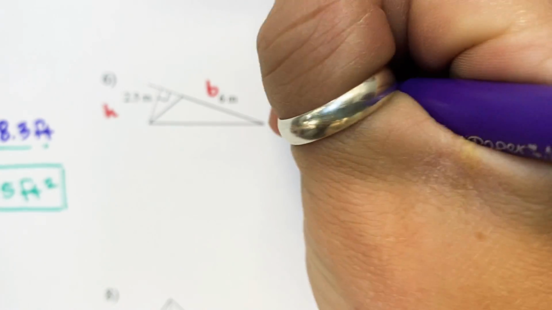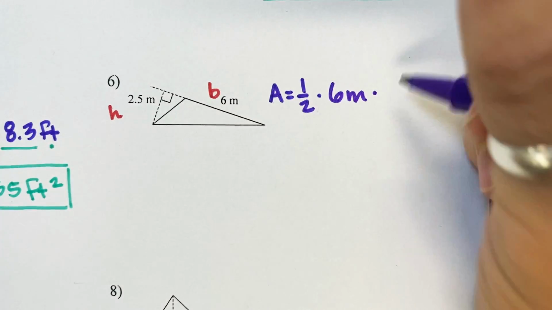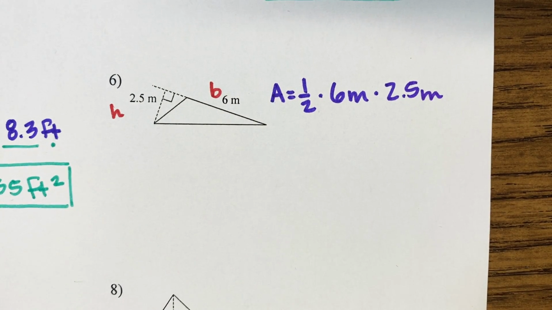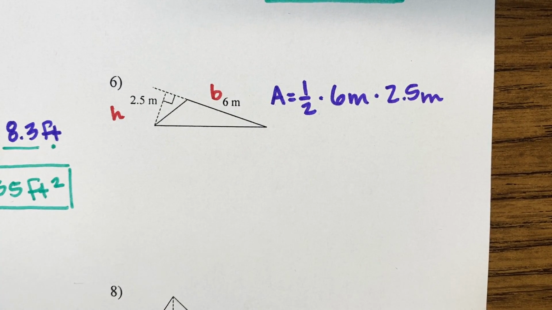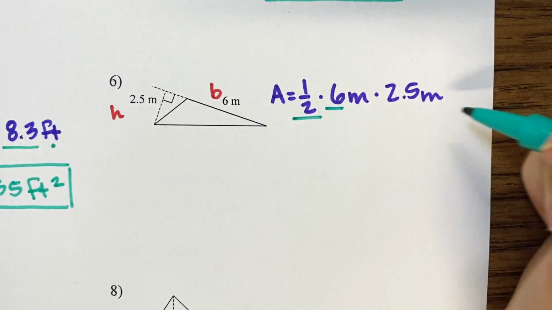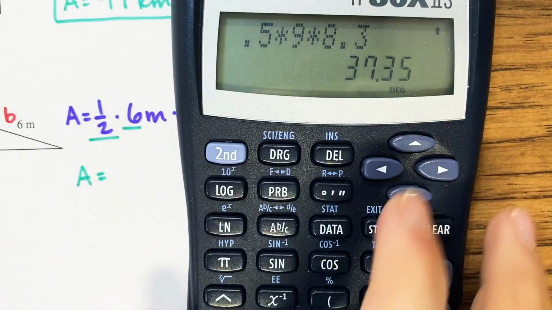So let's go ahead and plug that in. So we have area equals 1/2 times my base, 6 meters, times my height, 2.5 meters. And let's go ahead and multiply this. So I have 1/2 times 6 times 2.5. I'm going to plug this into my calculator.